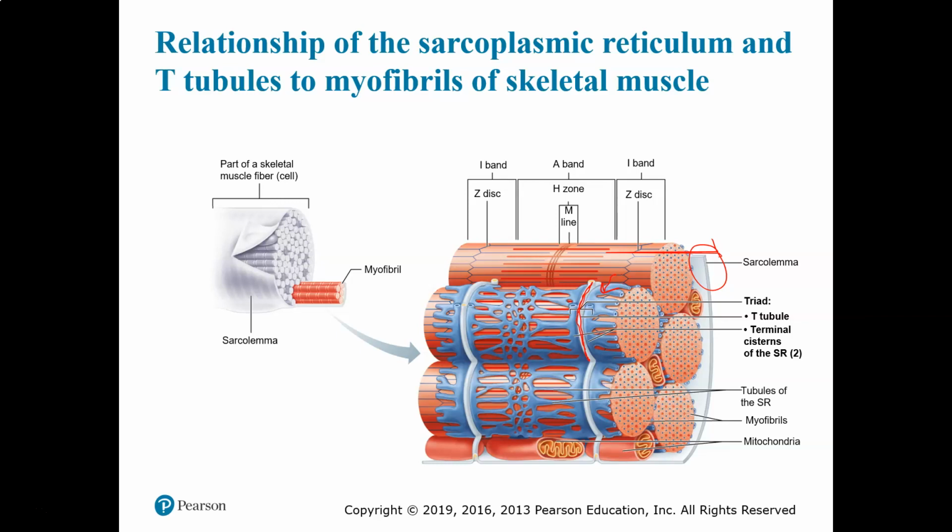So there's a T-tubule and then the terminal cisternae of the sarcoplasmic reticulum that neighbor each other, side by side. So this is one terminal cisterna and this is another. The terminal cisternae meet at the T-tubule, and that gives you a triad.